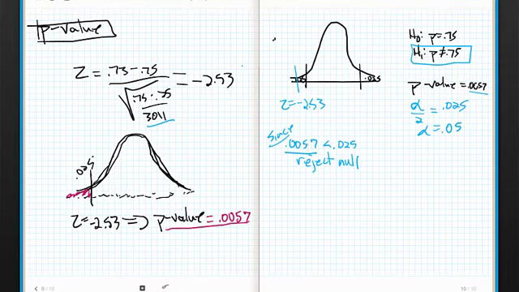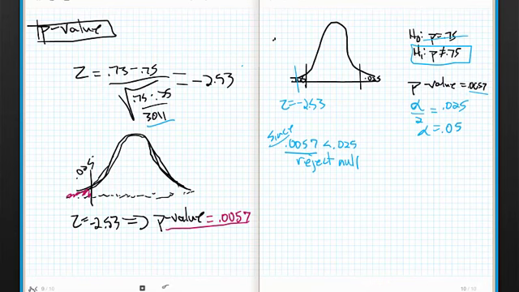So the probability that I get this 0.73 or a value at least as extreme is only 0.0057, or 57 out of 10,000. We have agreed that the acceptable amount of probability we're allowed to have is 25 out of 1,000, or 0.025. And therefore, we reject the null. There's enough evidence to reject the null because of this p-value right here.